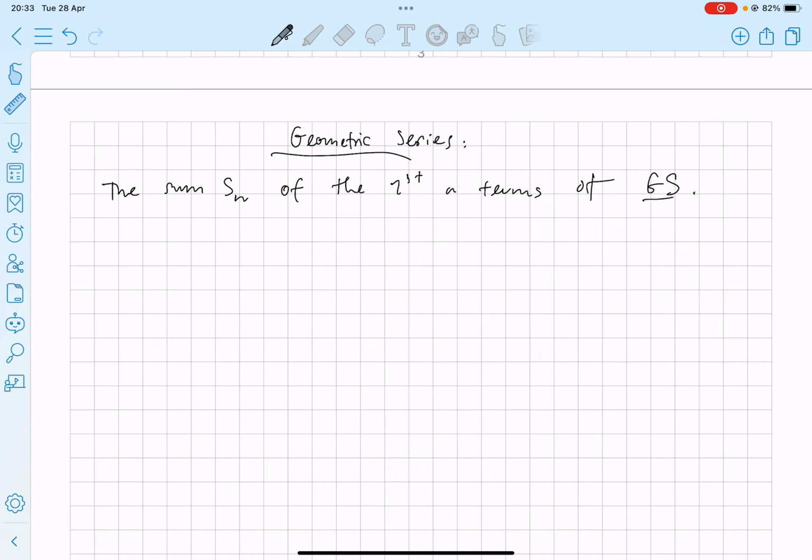I'm gonna give it initial here, and so s sub n is gonna equal a, the first term, and then a multiplied by r, and then a r squared, and then a r cubed, and then plus dot dot dot to a r to the n minus 1. Okay, so this is the first n terms.